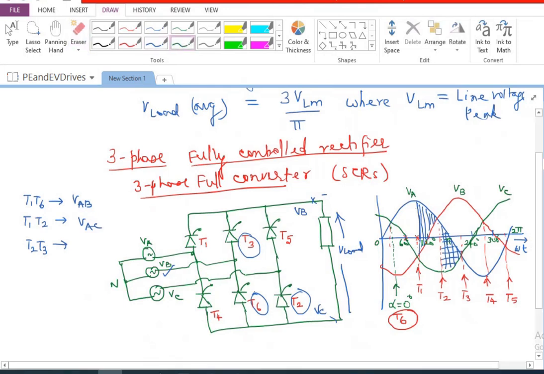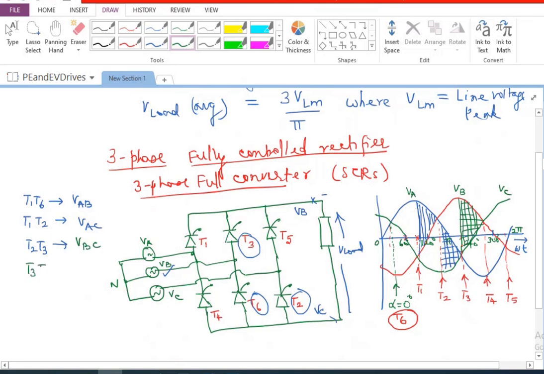So I should show it as though this is the voltage that is coming up during this interval. And again, when T4 is fired, this is VBC.